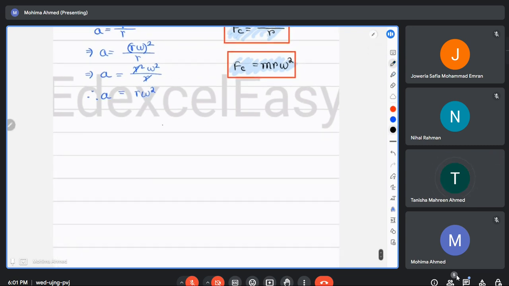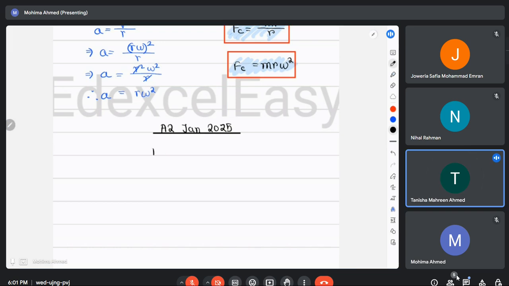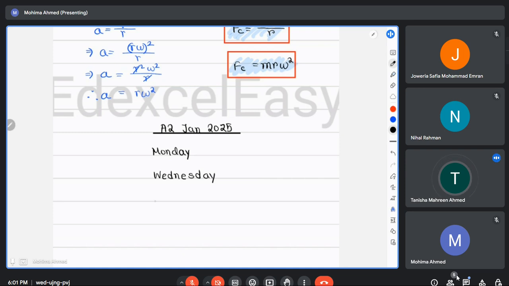For your A2 Jan 25 routines, there has been a small change in the routine. The routines are going to be on Monday, Wednesday, and Thursday.